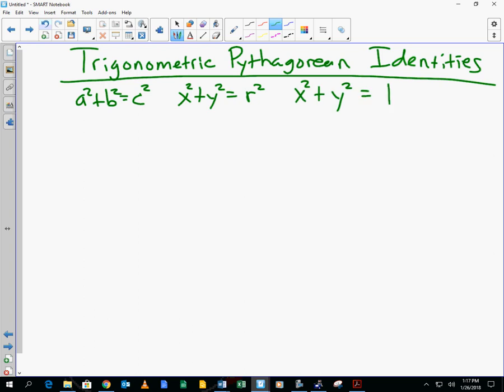Correct? Good. We all agree that I haven't made any of that up? Okay. So, yesterday you learned that x is the same as what trigonometric function? Cosine.